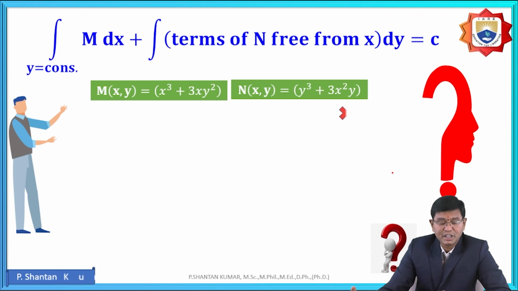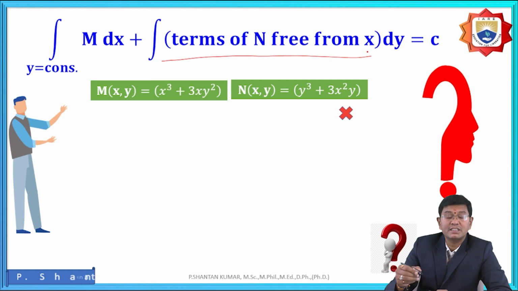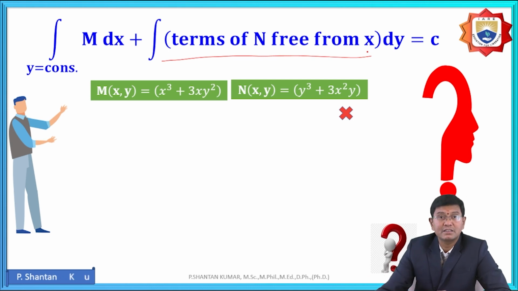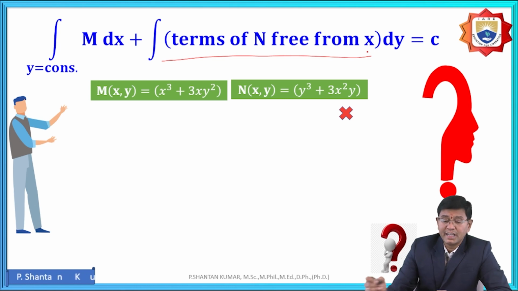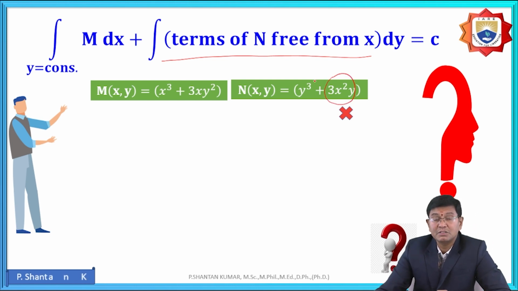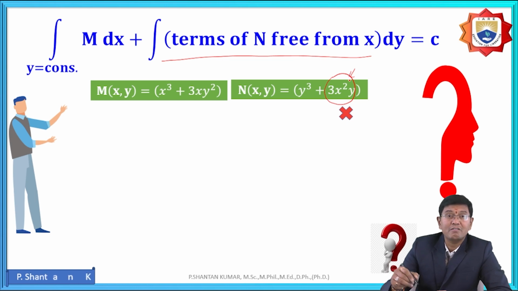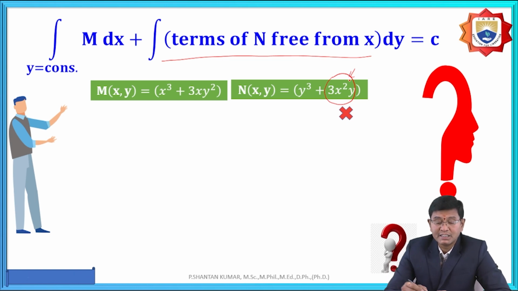When we take N free from x, somebody may be unable to understand what it means. N free from x means N should not contain x. For example, observing the Nth term, if it contains x, we should not include it in the N free from x. Therefore, we need to avoid that term. And again, the second term, which does not contain x, is the one that exists.